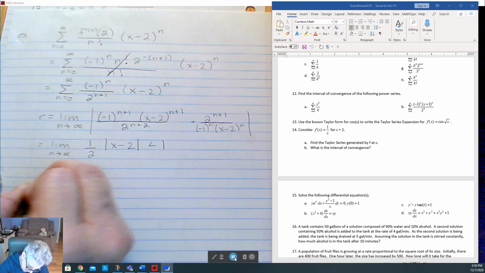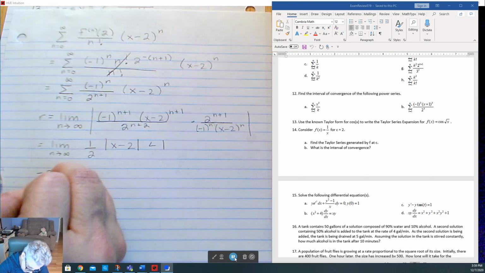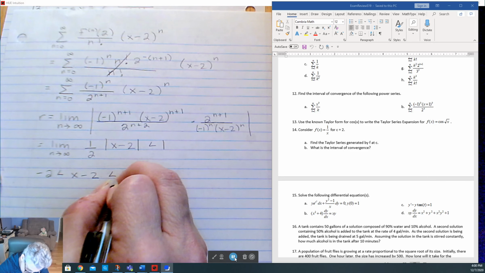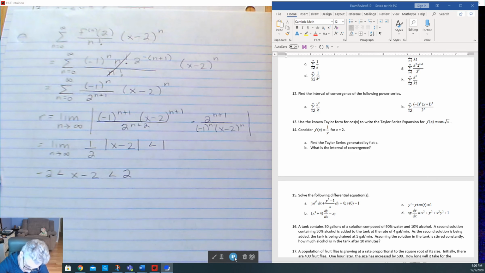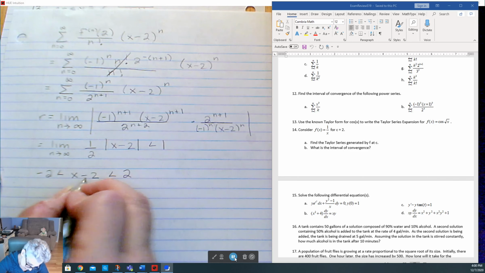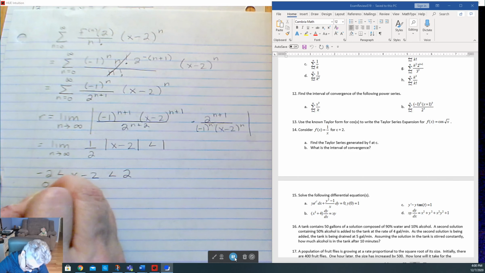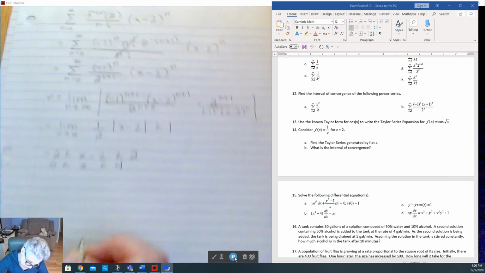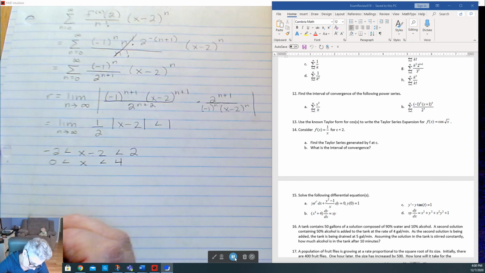So now this says that -2 is less than x minus 2 is less than 2. I just multiplied by 2. I add 2 to each side, so 0 is less than x is less than 4. I need to plug in my endpoints and see what happens.